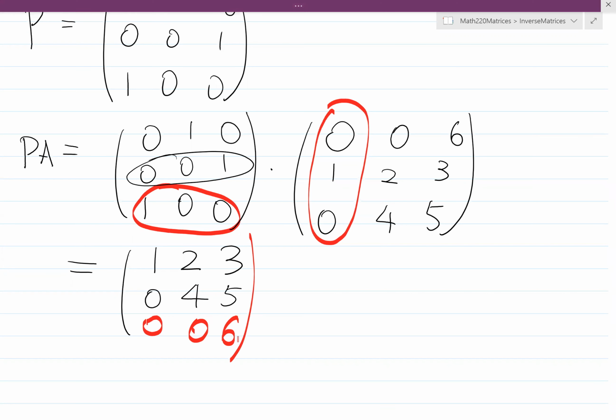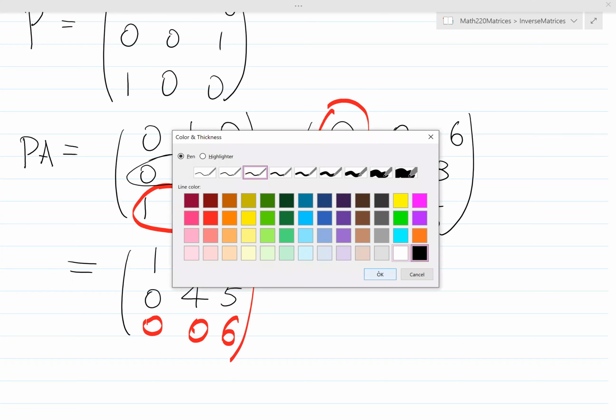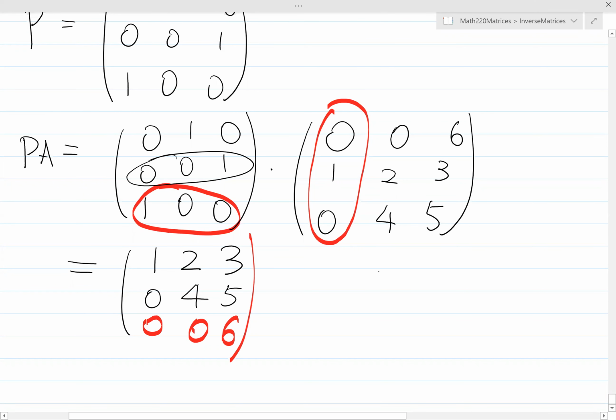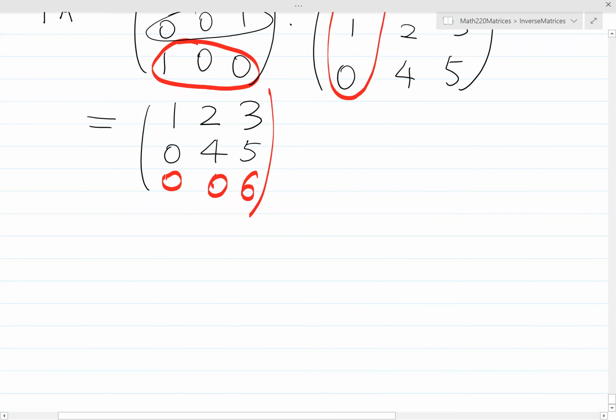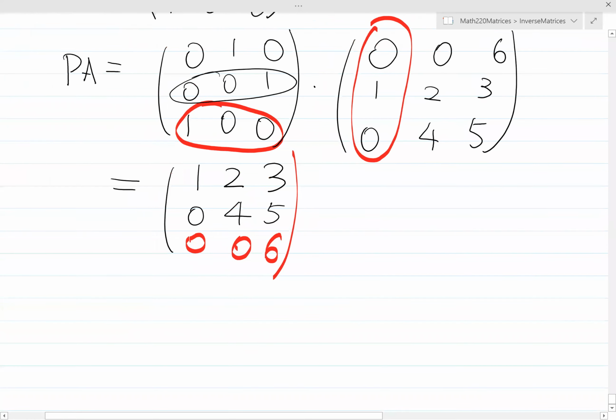So this is exactly upper triangular. So you see, we can achieve row operations using a permutation matrix. Now we multiply a matrix from the left, PA.